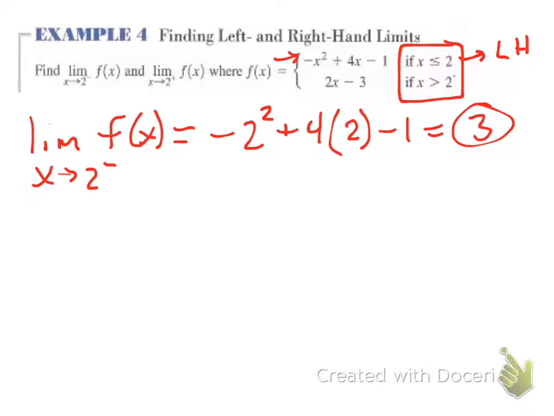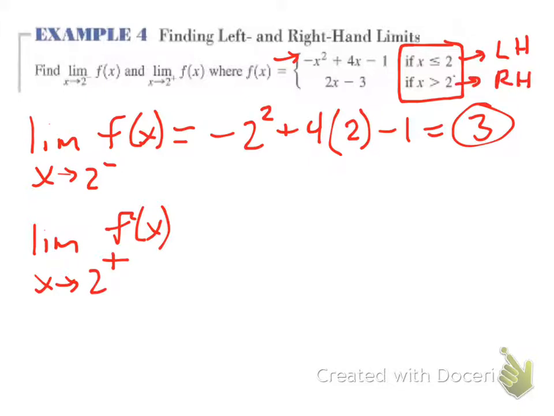Now, the right-hand limit, so x approaches 2 from the right, which would be the 2 and then the plus sign. Now we're approaching from numbers greater than 2. So this is going to be our right-hand limit. So now 2 is going to go in here.